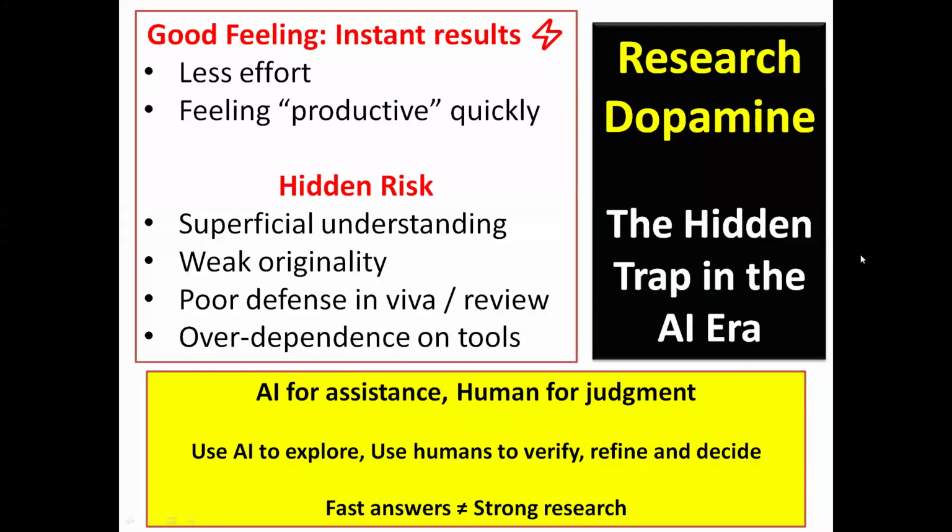So this is basically a hidden trap in the AI era. Nowadays, we are in the era of artificial intelligence, generative AI, and in generative AI, lots of tools are available. We can create images, algorithms, results.